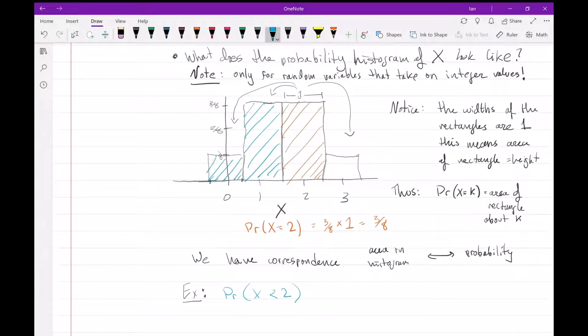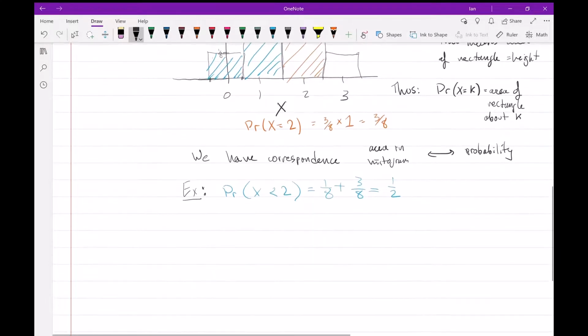That is 1 over 8 plus 3 over 8, which equals 1/2. So that's the histogram associated with the random variable.